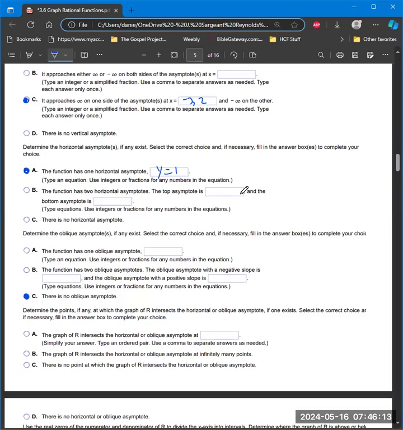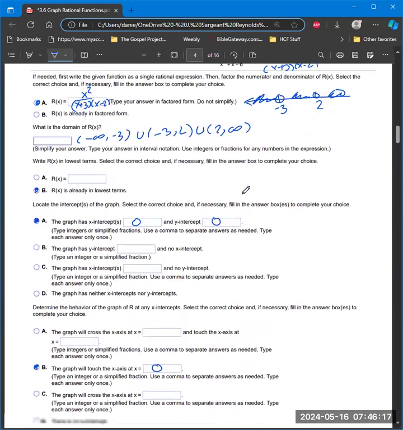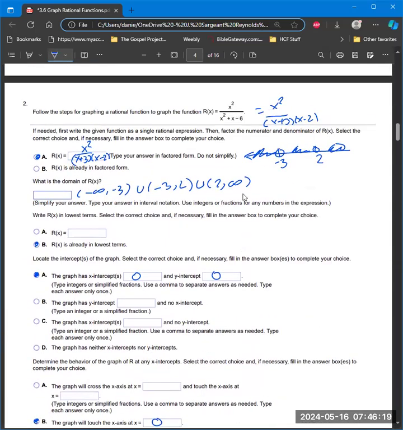And is this function ever going to be equal to 1? Let's see. So is x squared over x squared plus x minus 6 ever equal to 1? That would mean x squared needs to be equal to x squared plus x minus 6. So x would be equal to 6.